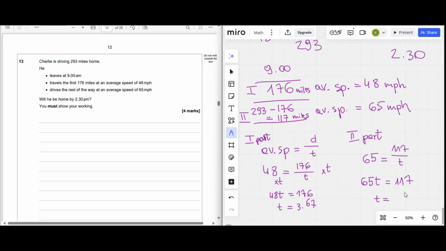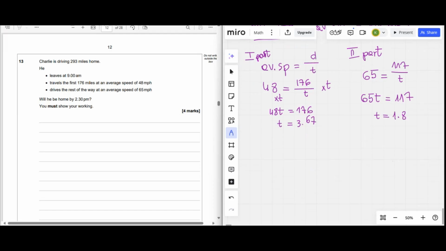So the time is 117 divided by 65, which is 1.8 hours. So together, the total time is 1.8 plus 3.67, which is 5.47 hours.